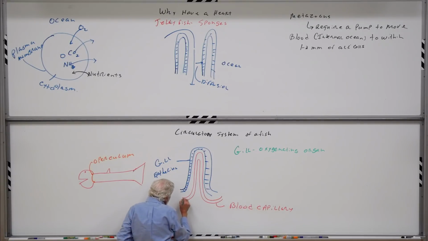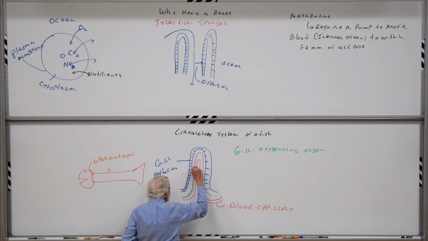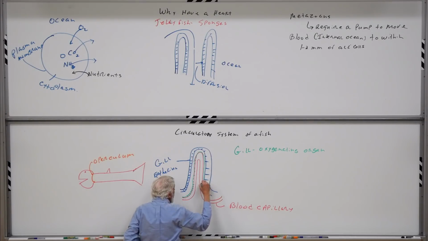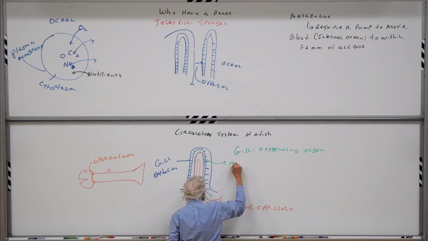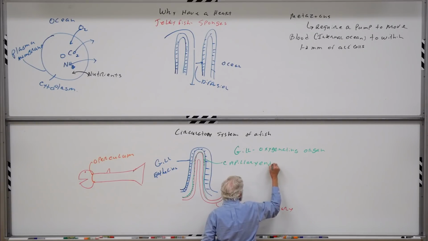Now, I'll try to draw this in and recognize now that there's a single cell layer of a capillary endothelium.